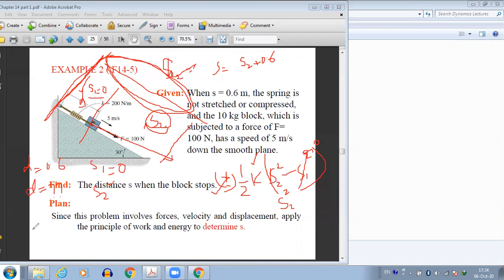Okay, so the relationship will be what? Let's call this D1 and this D2. So the total distance D2 will be S2 plus 0.6.